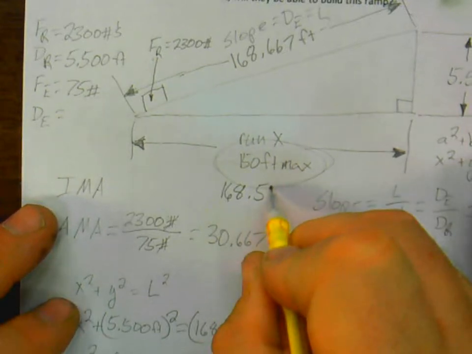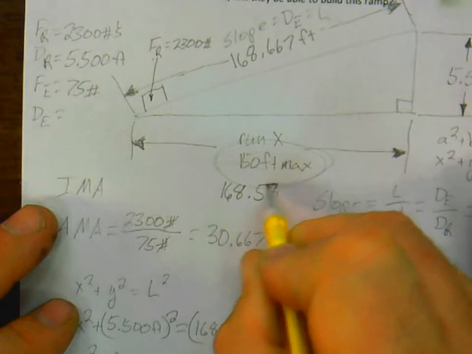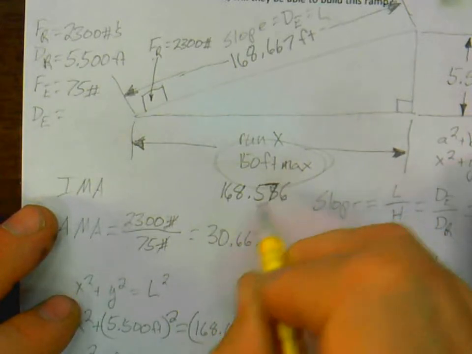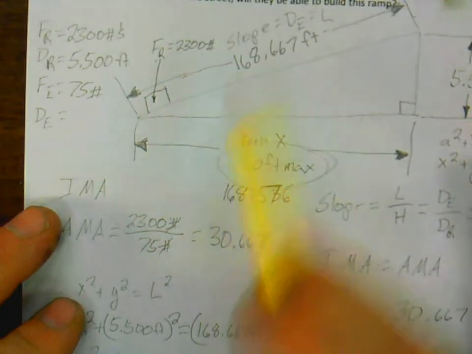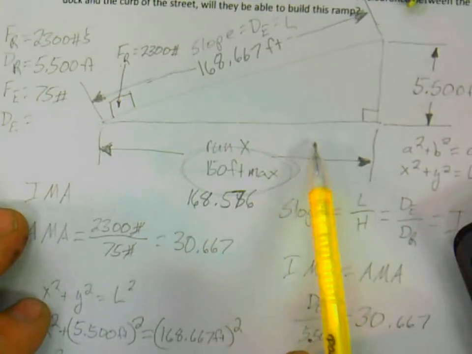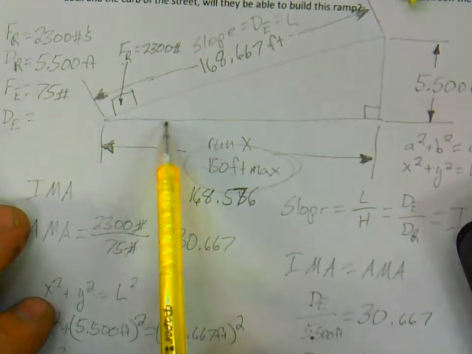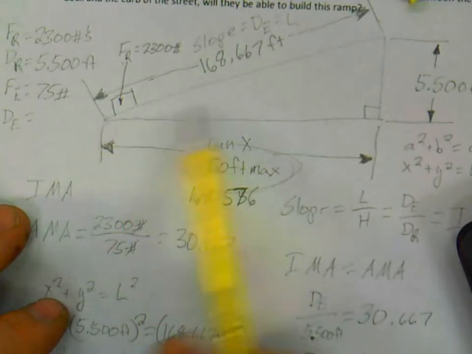But this gives you an example. Again, pull out the information that you have to start with out of the question. If you have both forces, then you can calculate your actual mechanical advantage. If you have both distances, then you can calculate your ideal mechanical advantage.